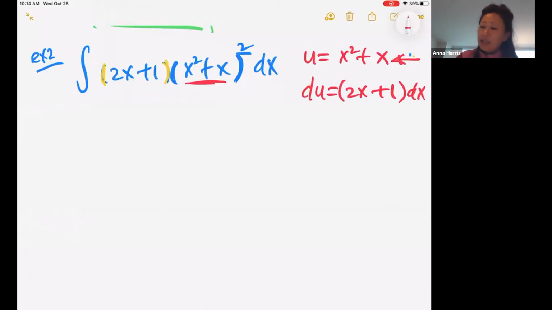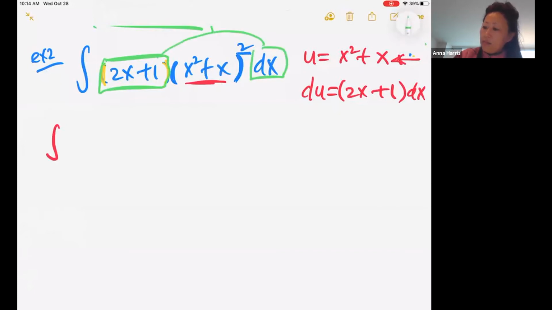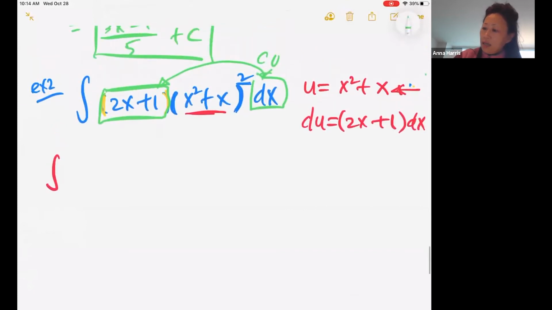All right, now it's exactly what we want. You can see that together it makes du. So now I have exactly what I want, u squared du.